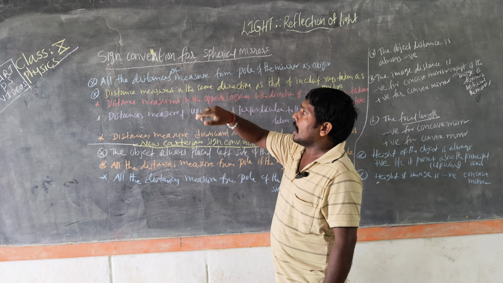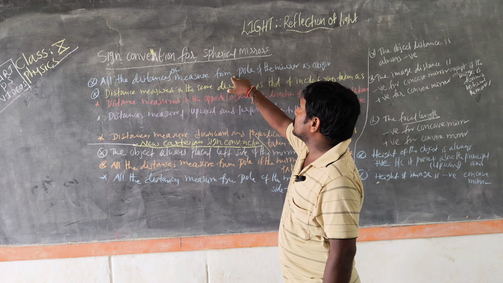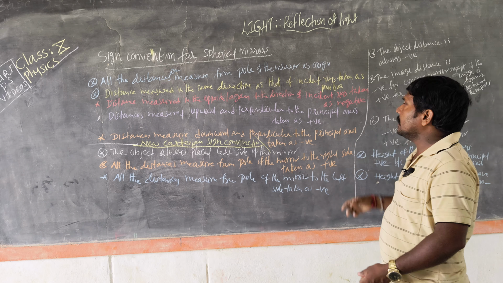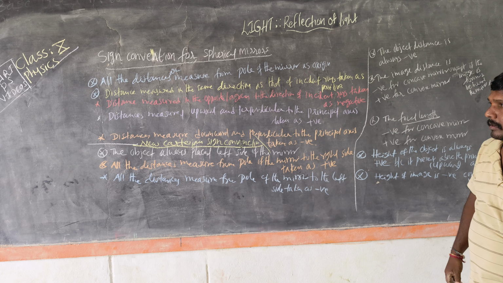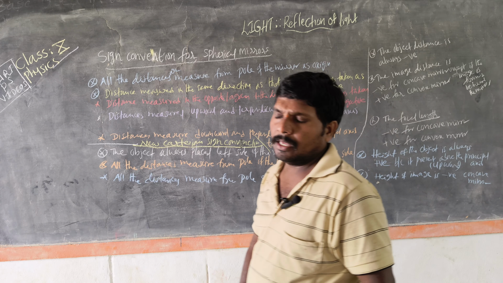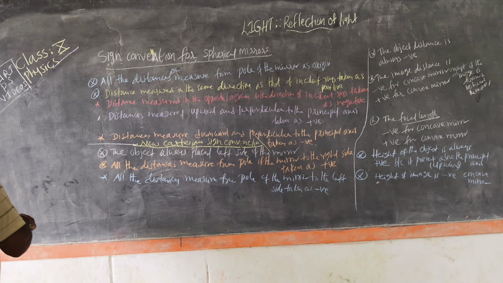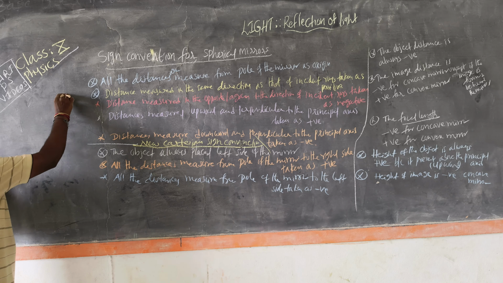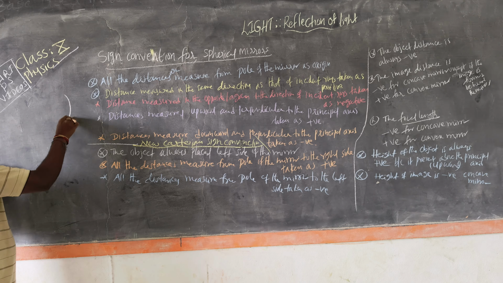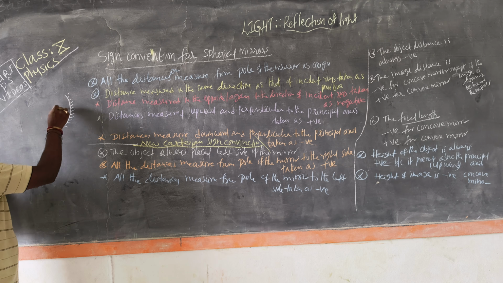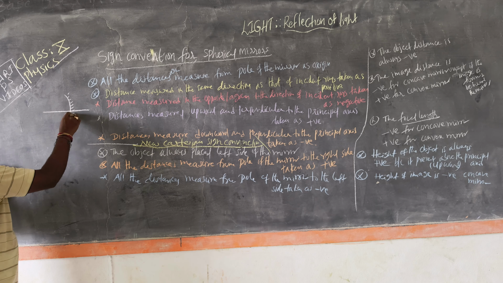The first rule is all the distances are measured from the pole of the mirror as origin. For example, we know this is a concave mirror, principal axis, pole.